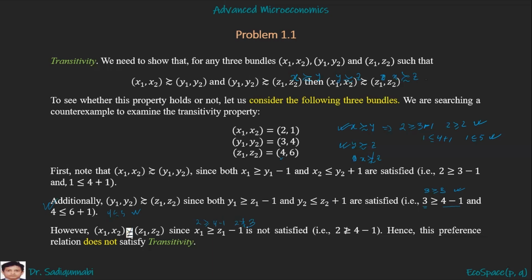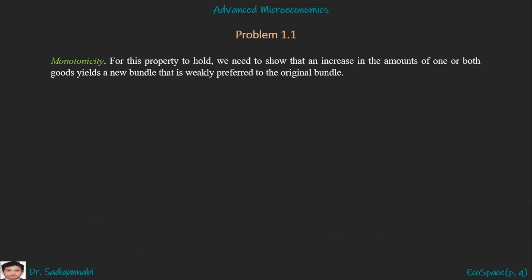Our next task is to find the monotonicity. So what about the monotonicity? Monotonicity is, if we increase the first component or second component by a unit, suppose the first component by epsilon and the second component by delta.